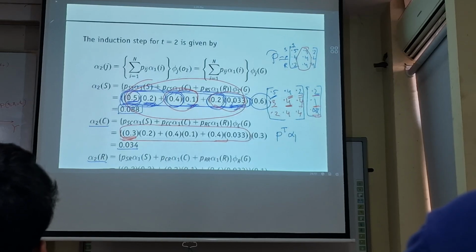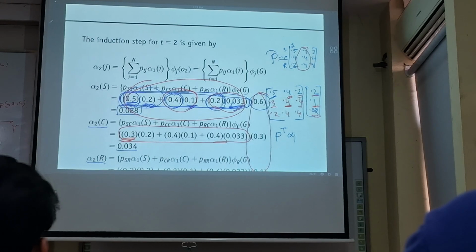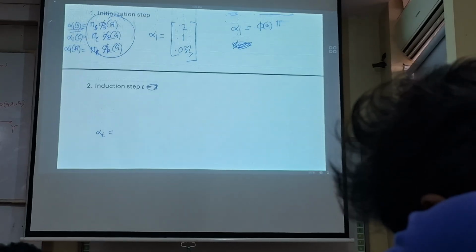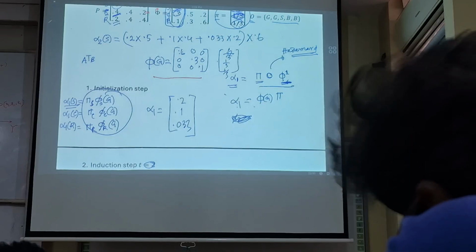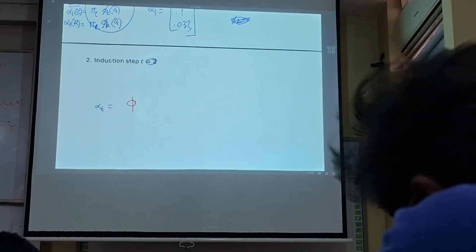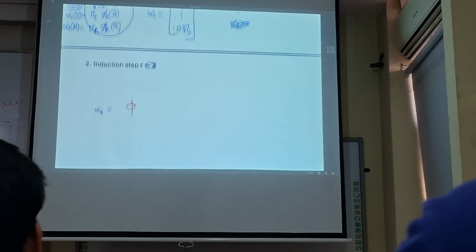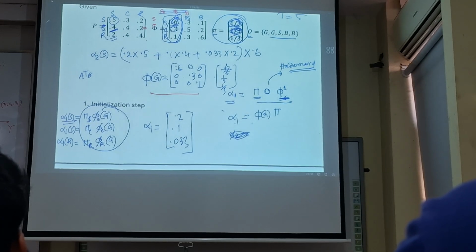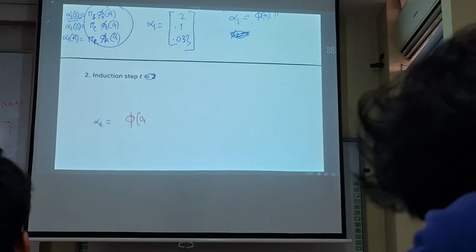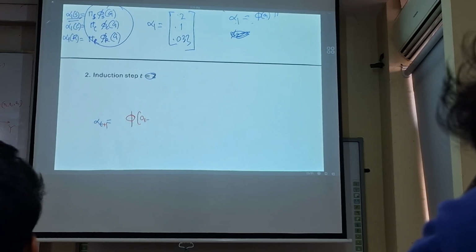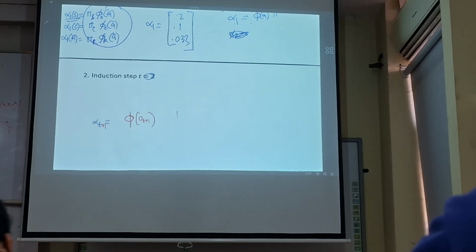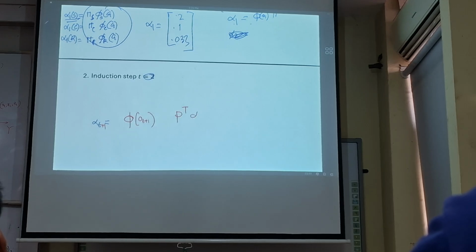And we need to multiply this with what? This vector. Either we go for the Hadamard product or we go for the invented matrix, this one. So, what we can write is alpha t plus 1 will be this phi G, since the second step is also G. This one will be multiplied with P transpose alpha t.